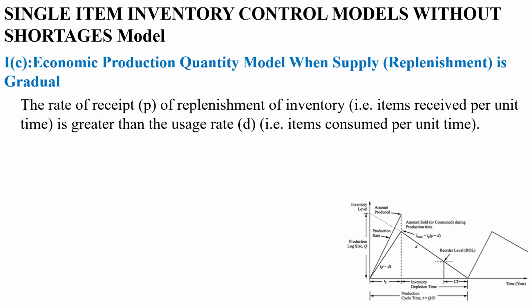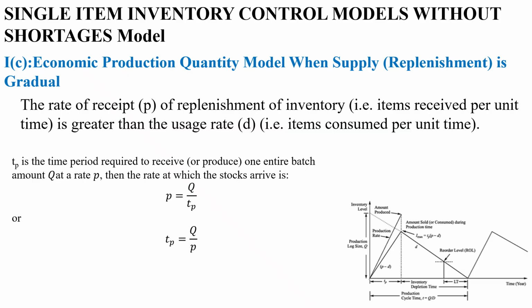Here P is the rate of production and D is the rate of demand, and here P is greater than D, and TP is the time period required to receive one entire batch amount Q at a rate P. Then the rate at which the stocks arrive is small p equal to Q by TP, and TP equal to Q by P. So here TP is the time required to receive one complete batch of amount Q, and this we are calling the maximum inventory, Imax.